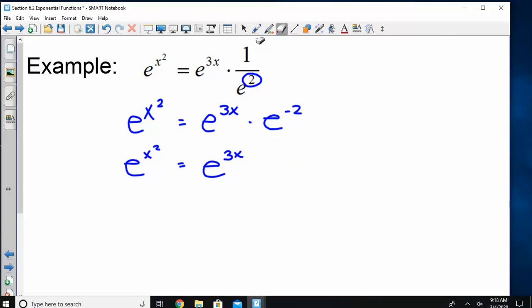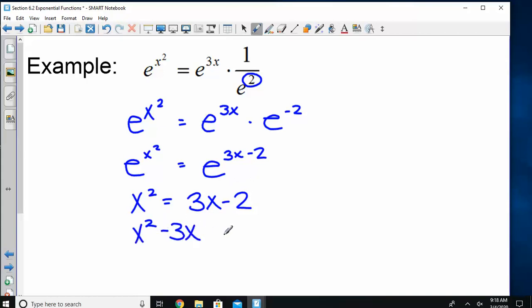We are multiplying those, so you add your exponents. Now we have an e on each side, so we can drop the exponents. Then what? Subtract the 3x, add the 2.